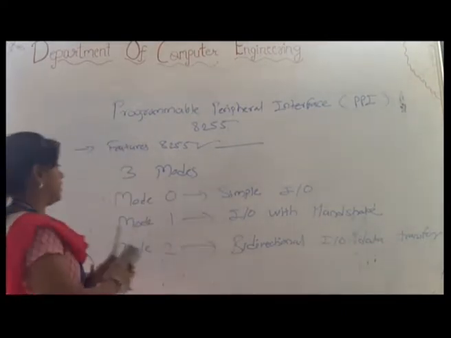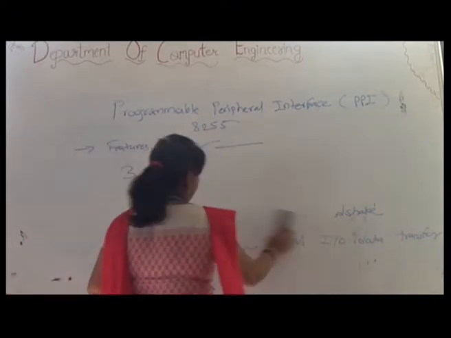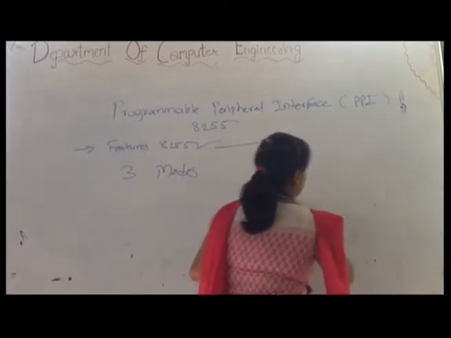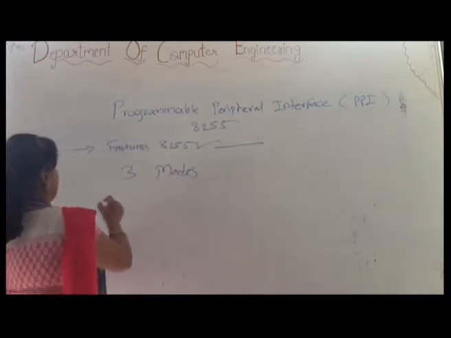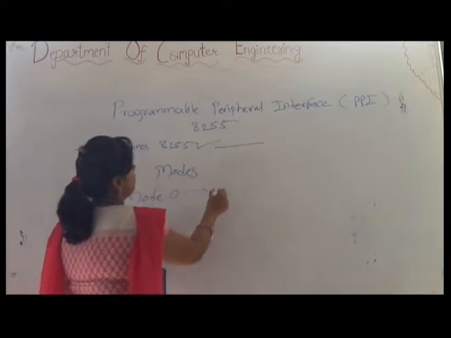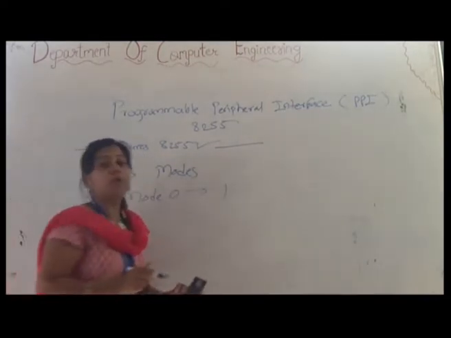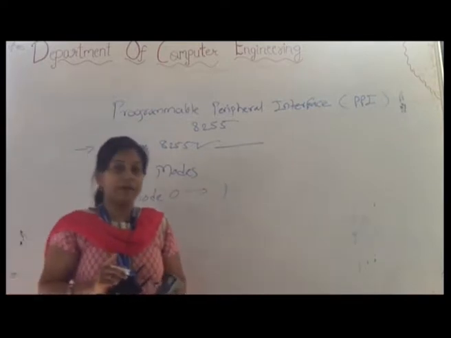Okay, now we will see in detail mode 0, mode 1 and mode 2. First we will start with mode 0. In mode 0, port A and port B, as we know, are 8-bit.